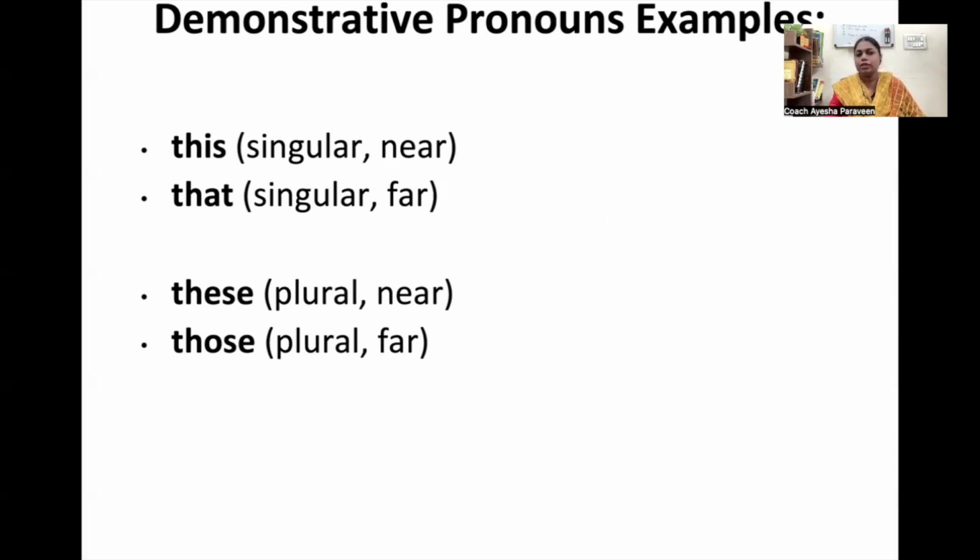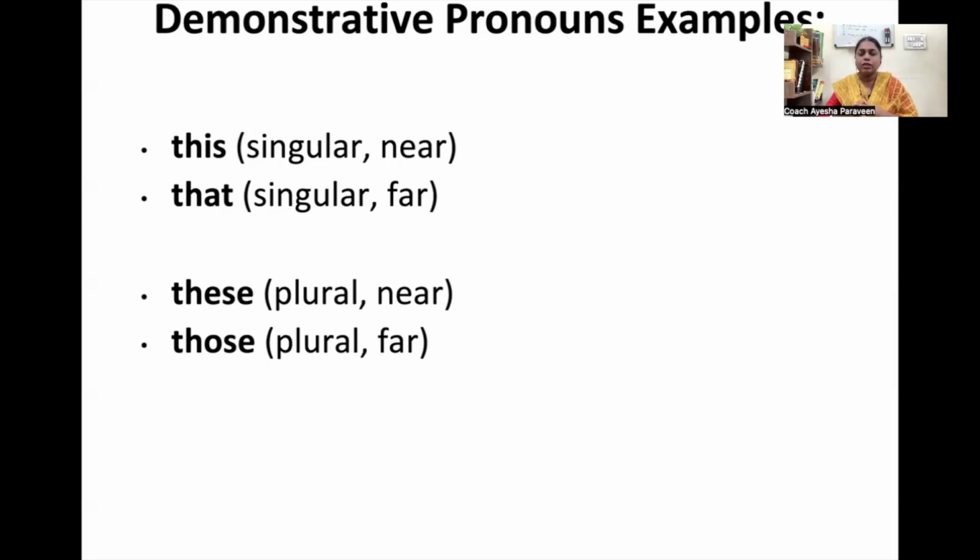We use this when we are talking about any object or person that is singular, one, and near to us.